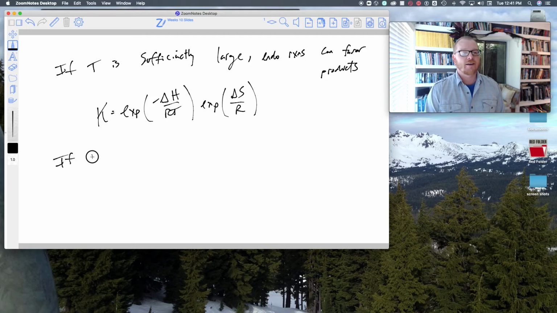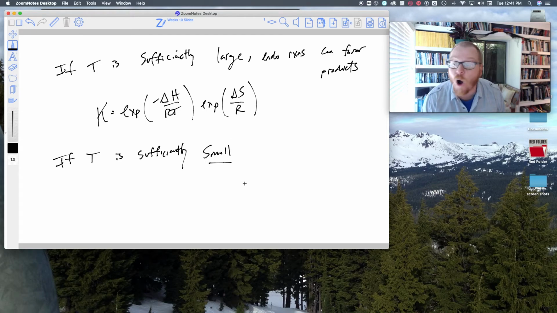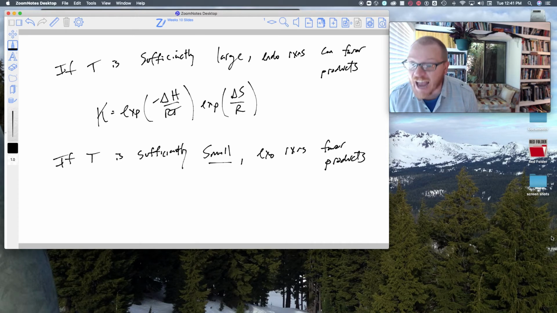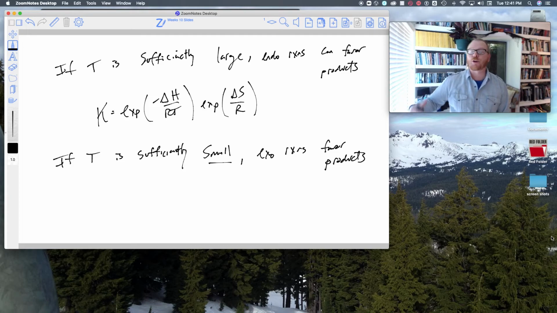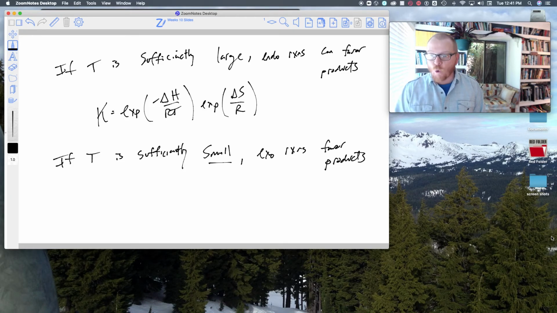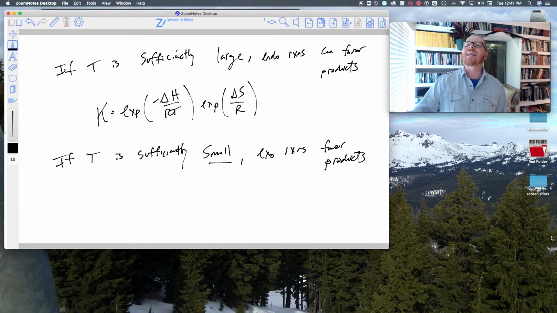Well then, if T is sufficiently small, then an exothermic reaction will also favor products. So this is actually why exothermic reactions are more efficient when it is colder.